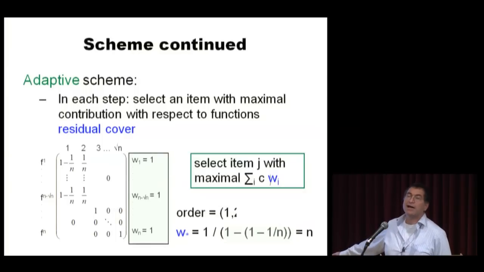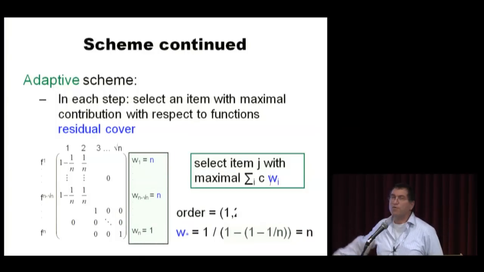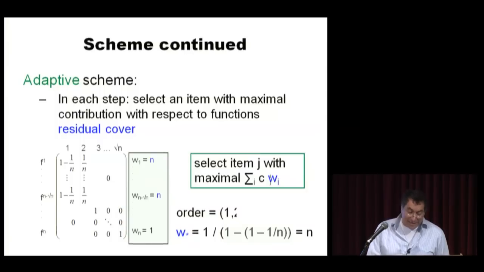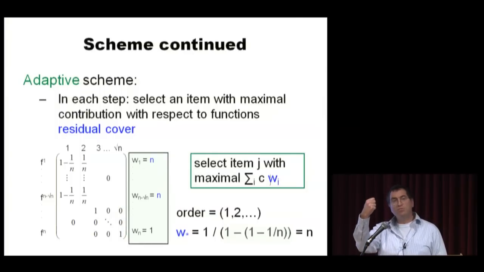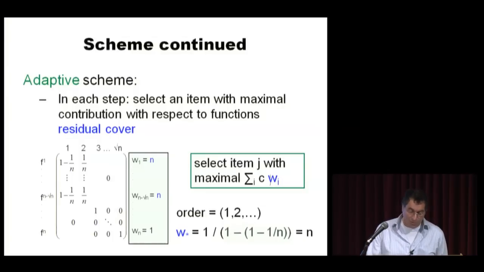Since they're only missing 1 over n, they have huge weight, about n. So instead of weight 1, all the first n minus square root of n users now have weight n, and therefore we will choose 2, because the contribution of 2 is smaller for each user, but since the weight is so large, overall the contribution of the second column is very nice, and therefore it is chosen second, and so forth.